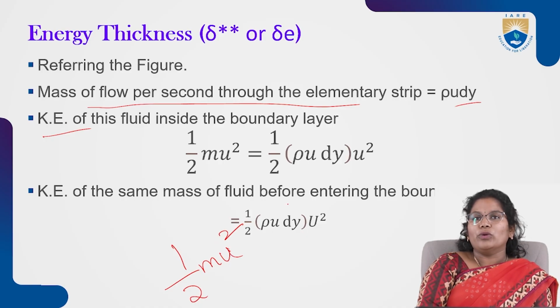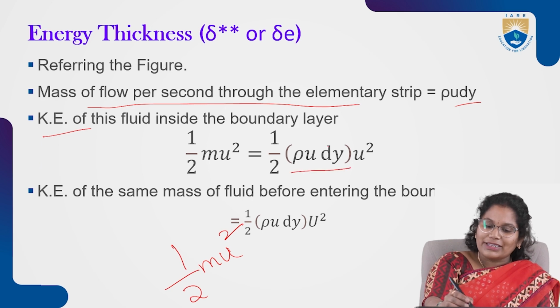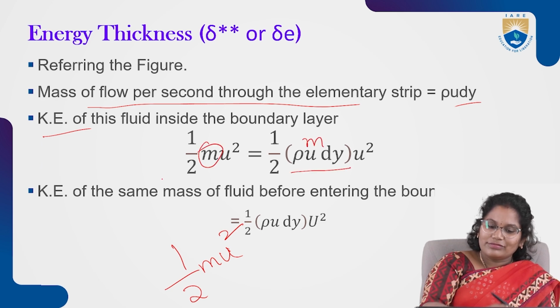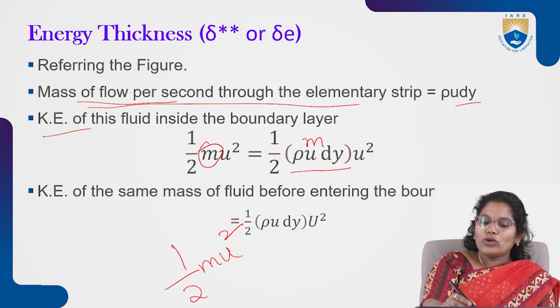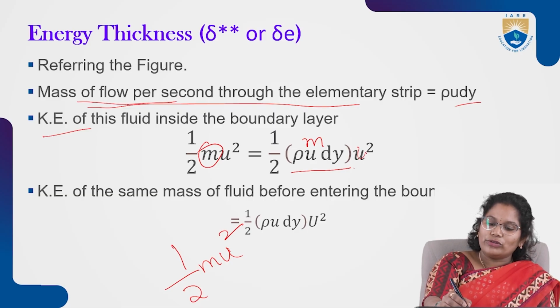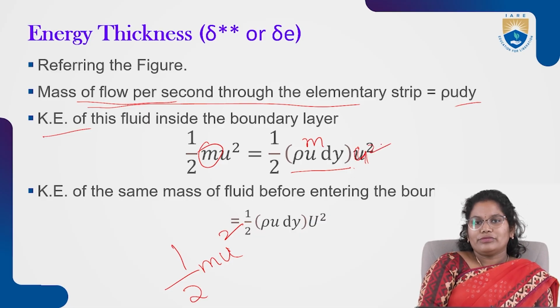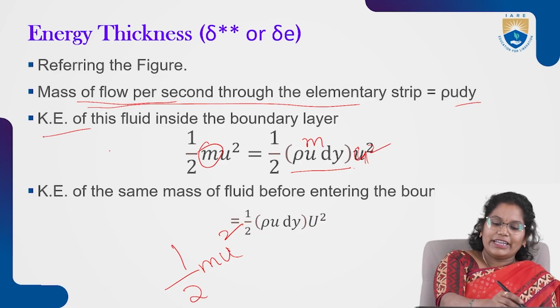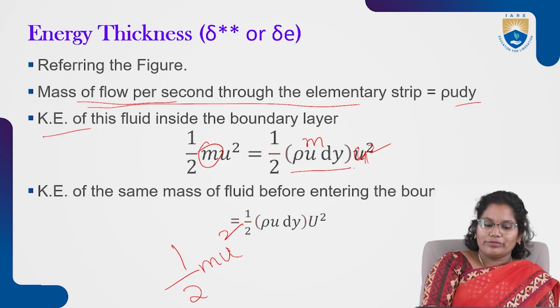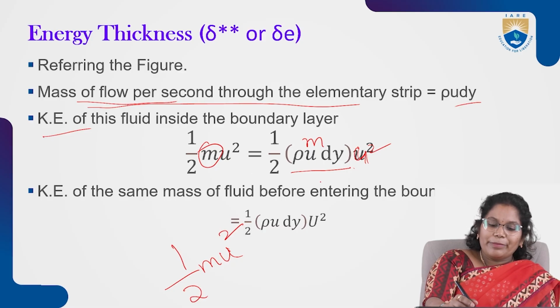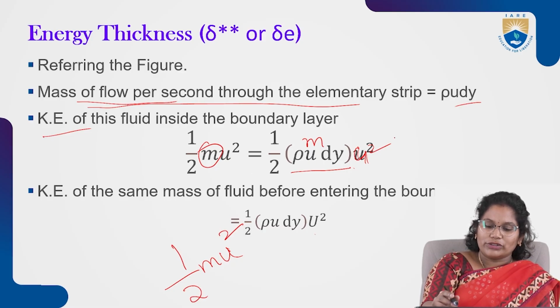That is half the mass, rho u dy, into small u square. The kinetic energy formula is half mass into velocity square, where m is rho u dy, into small u square. This is on the elementary strip.